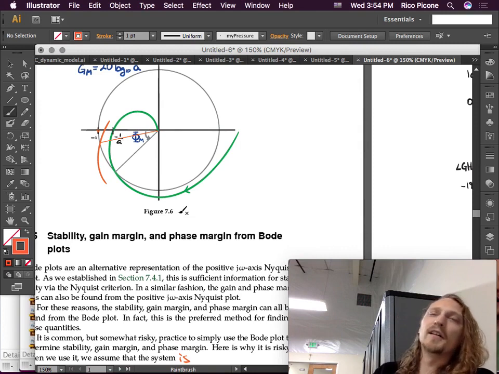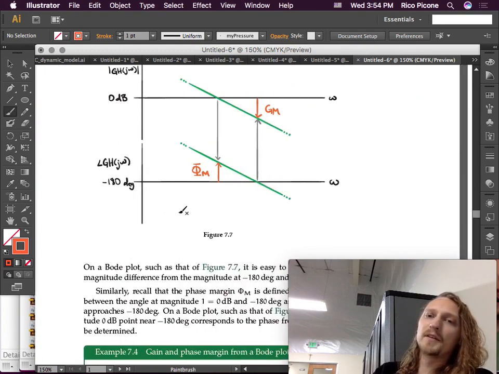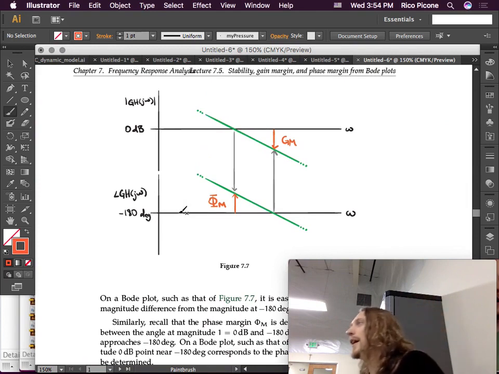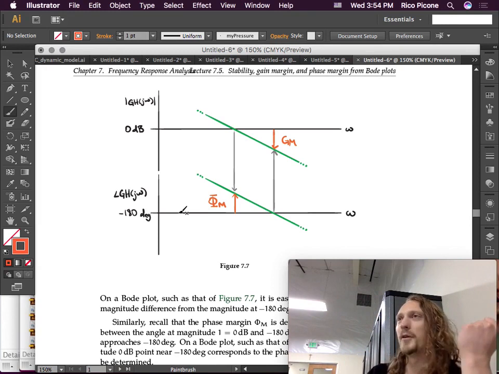So that's our gain margin, and we have to do it in dB. Why is gain margin usually in dB? Well, because usually people think about it in terms of the Bode plot, which is in dB.